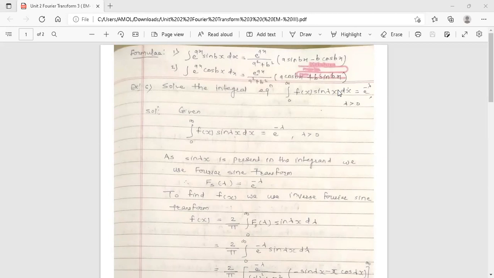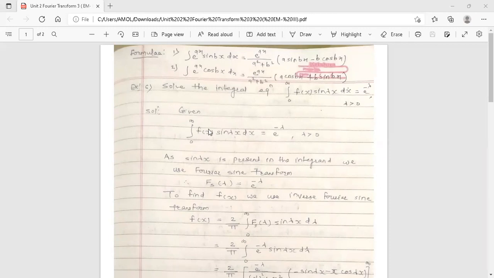Now in this integration, dx is the differential, means x is variable, and lambda is a constant term with respect to integration. This is a definite integration.